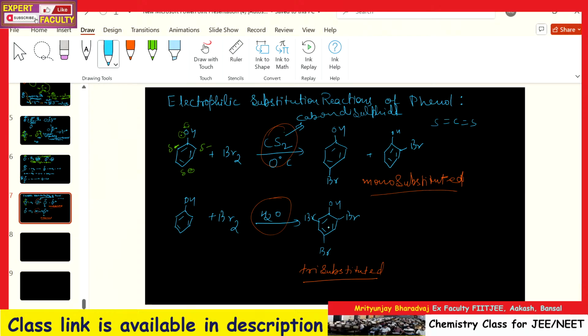And the structure for water is this. So what is the difference in these two molecules? This will be non-polar, and this one will be what? Polar. So what do you think? Non-polar and polar, the difference in the nature of the solvent. Why does this difference in nature of solvent change the nature of the product?